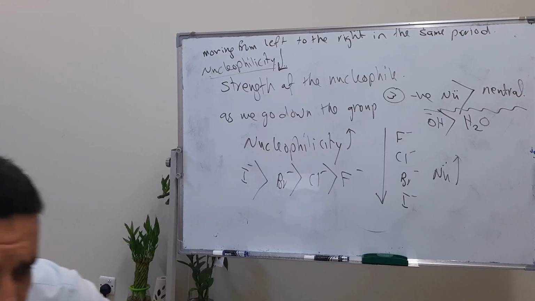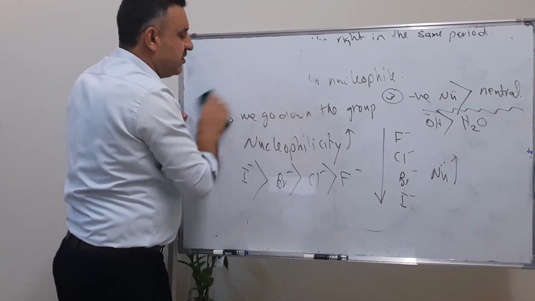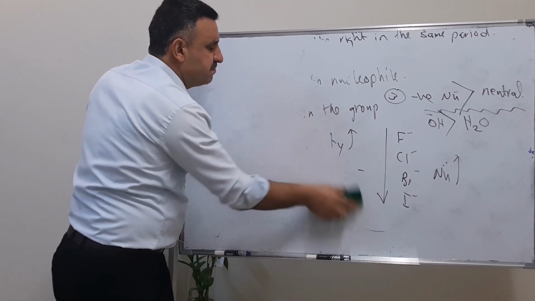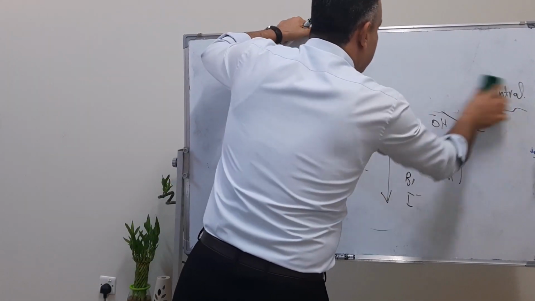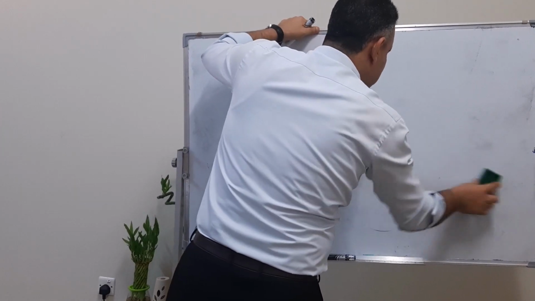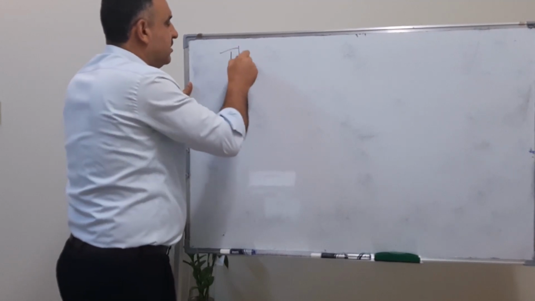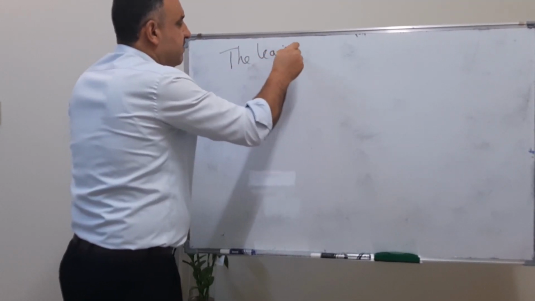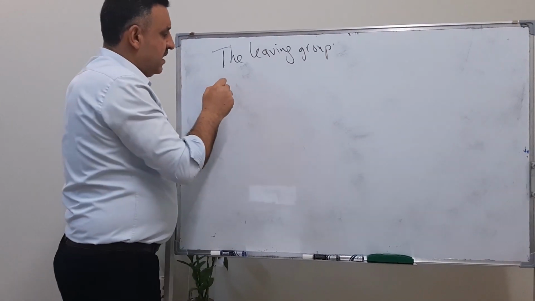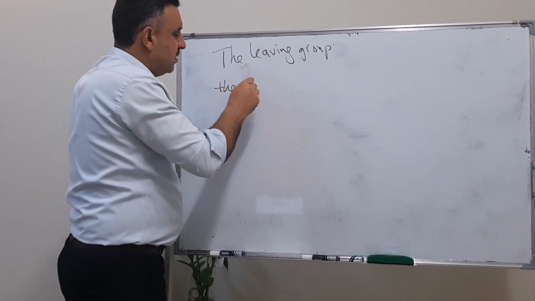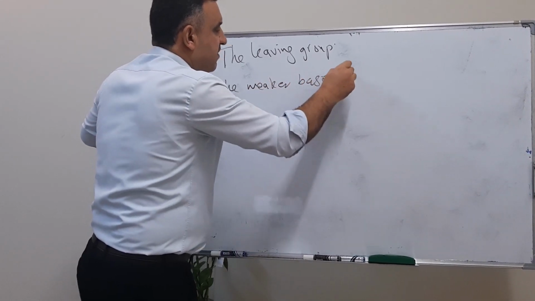Now let's talk about the leaving group, because part of the reaction is the leaving group. Which leaving group is better compared to others? Here, the criteria to judge this is the basicity of the leaving group. Generally speaking, the weaker the base, the better the leaving group.